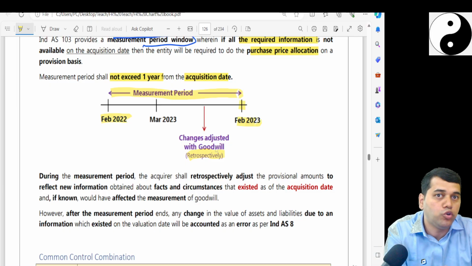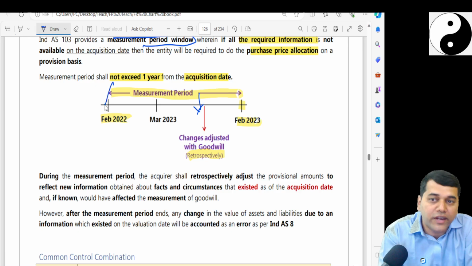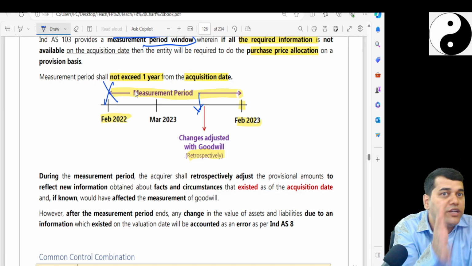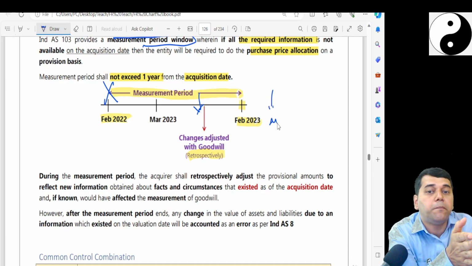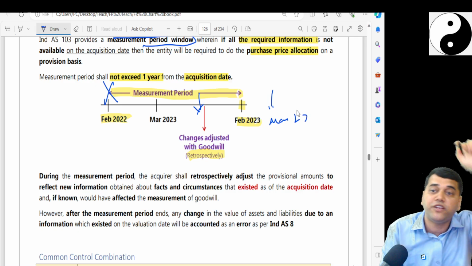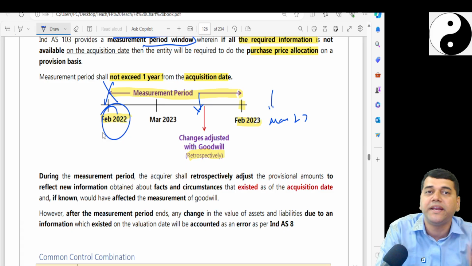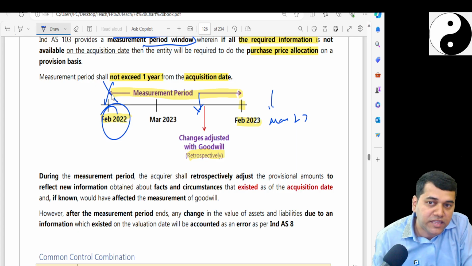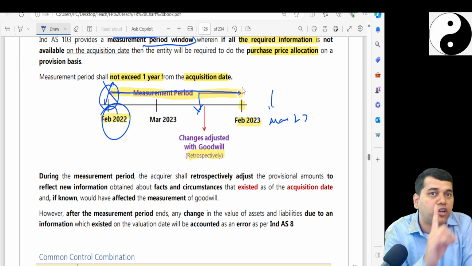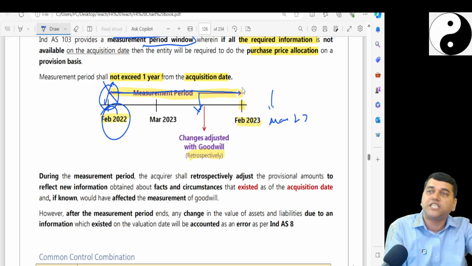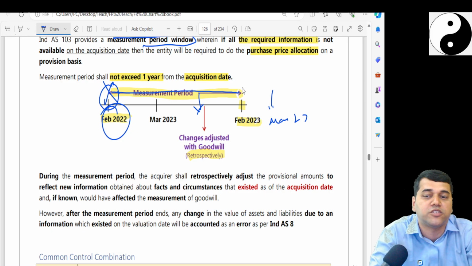But if it was not existing on the acquisition date, you can't do retrospective, you have to do prospective. Alternatively, if in March 23 you come to know of information from February 22, nothing doing, you have to take it to the P&L account. So anything which existed on the acquisition date, which you come to know within 1 year of acquisition, you can adjust back to the goodwill with retrospective effect. This is the concept of measurement period adjustment.